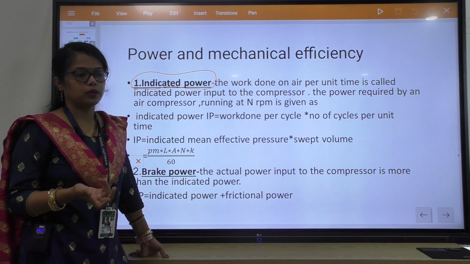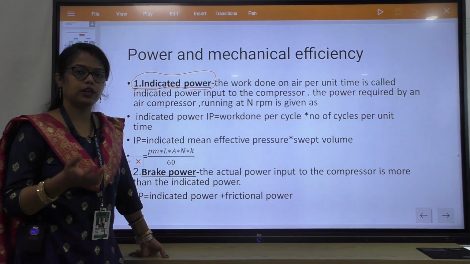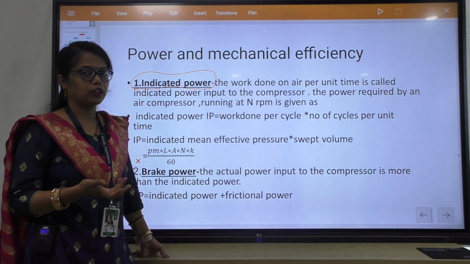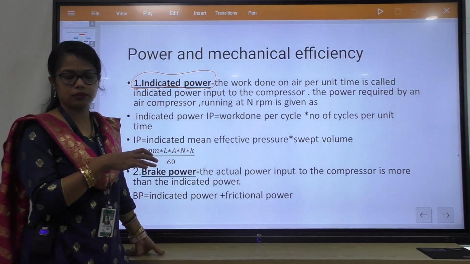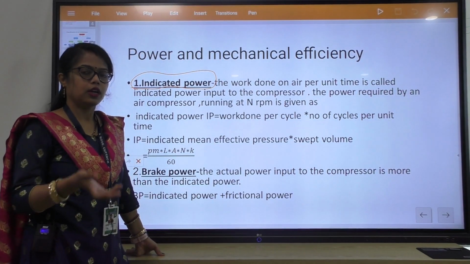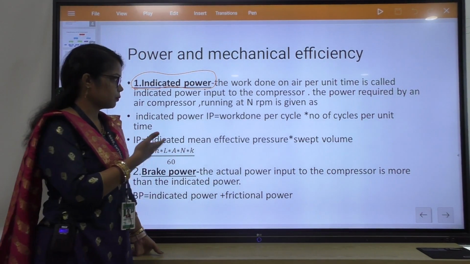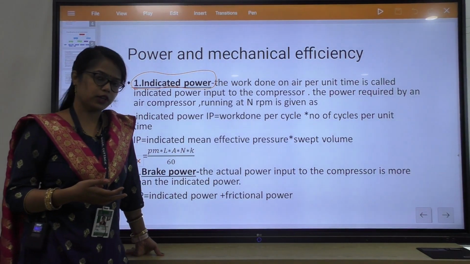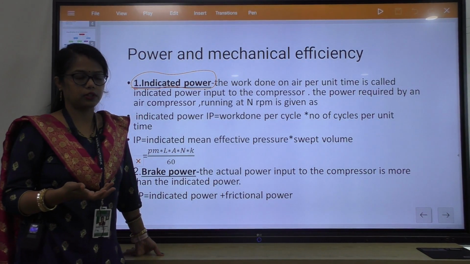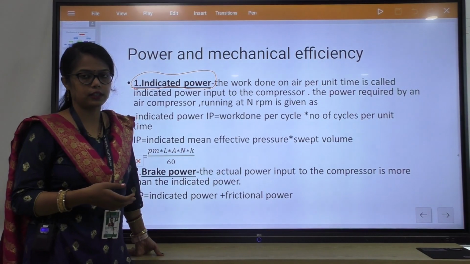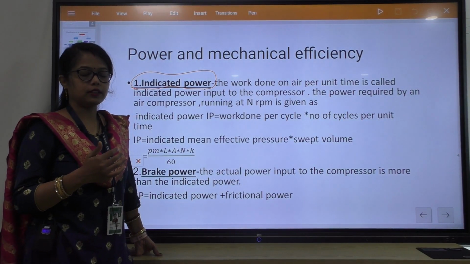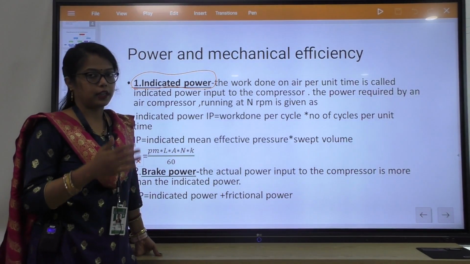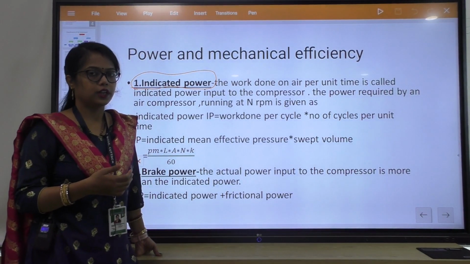We are providing electricity to the motor and the motor is running, and the prime mover shaft is connected with the air compressor, and due to the motor the piston is reciprocating, and after that compression of air takes place. So, first the motor shaft is rotating, and after that the piston is reciprocating.